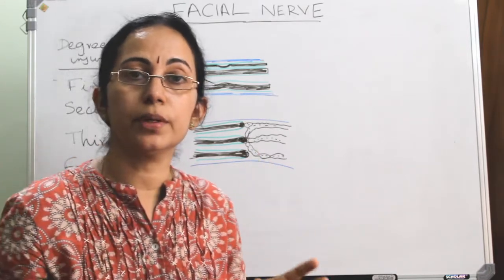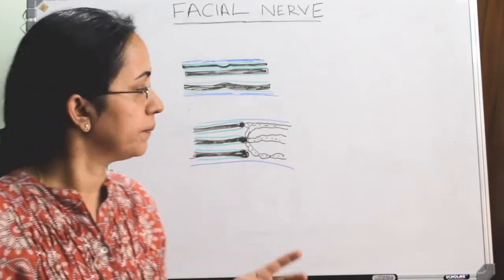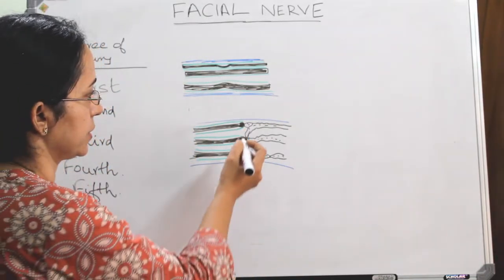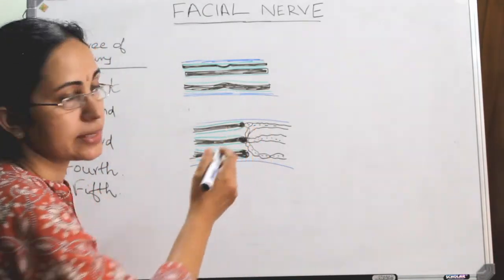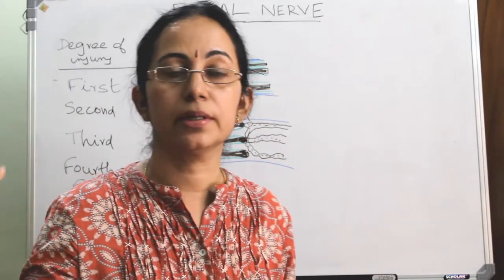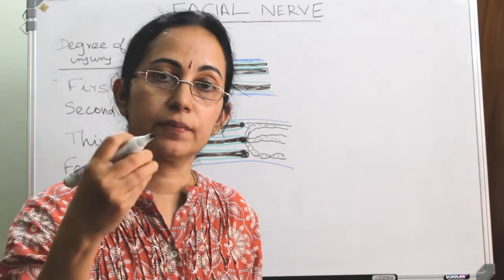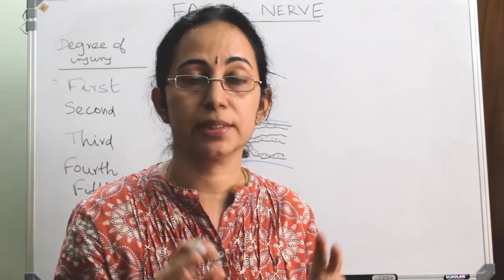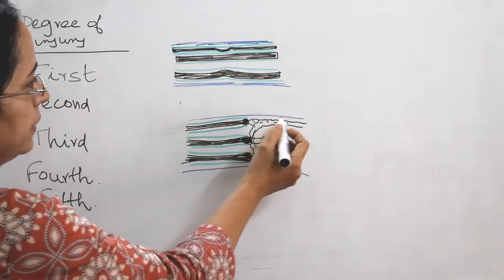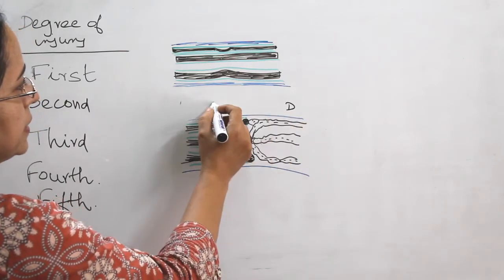And if the endoneurium is also damaged, there is a chance that the end of the distal growing axon will split or mix up with the other axons in the same fascicle. Clear here? This is the distal part, this is the proximal part.